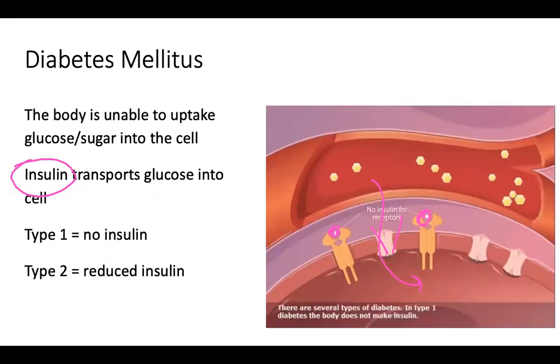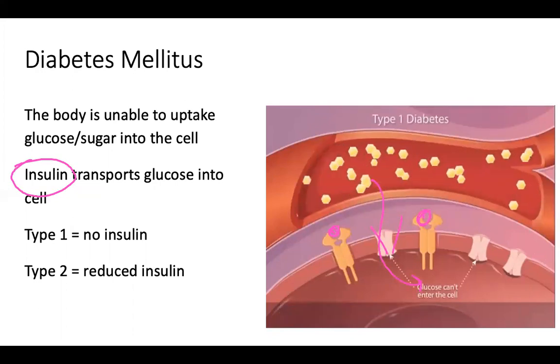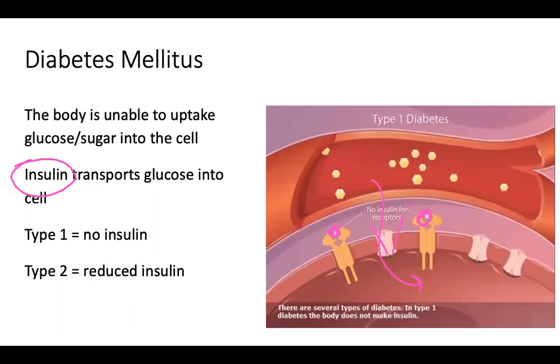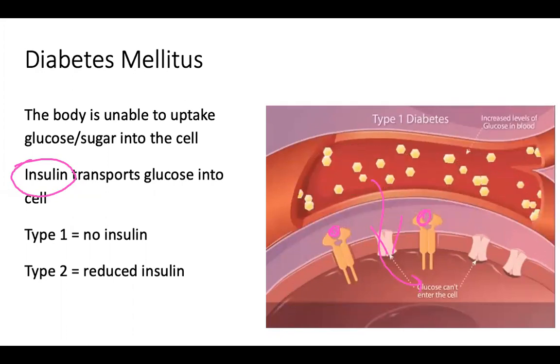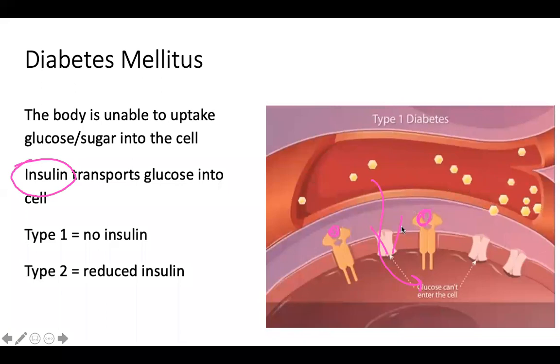So with diabetes in general, we see an elevated blood glucose level. Type 1 diabetes has no insulin, and type 2 diabetes has a reduced insulin. With type 1, you can see this picture over here. This is an example.